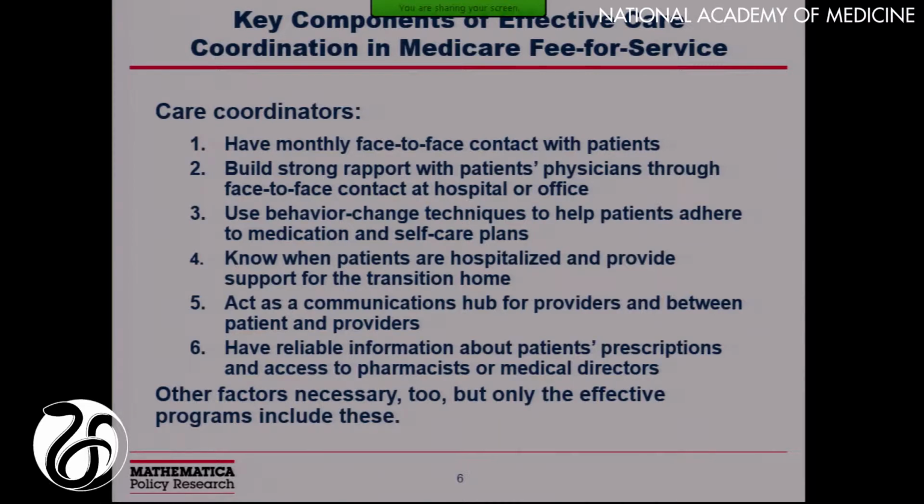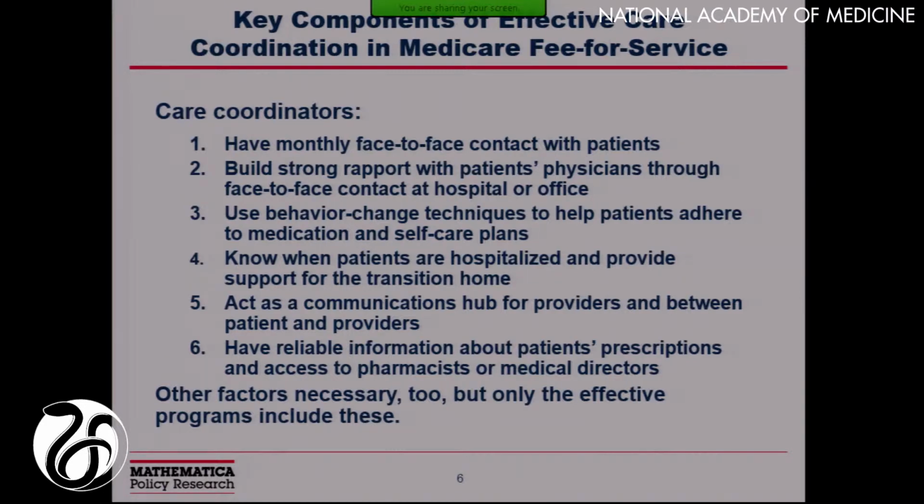So we used information that we gathered in site visits and interviews to identify features that at least 3 of the 4 successful programs did and none or maybe only 1 of the unsuccessful ones did. And we found 6 things that these successful programs did that care coordinators in the other programs didn't do. They had monthly face-to-face contact with patients as well as telephone calls outside of physician office visits.